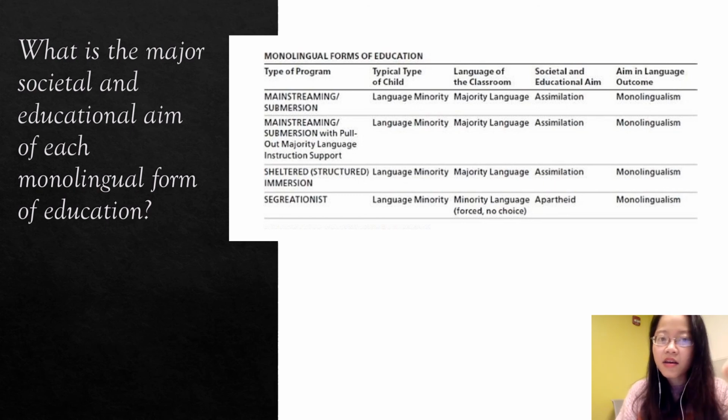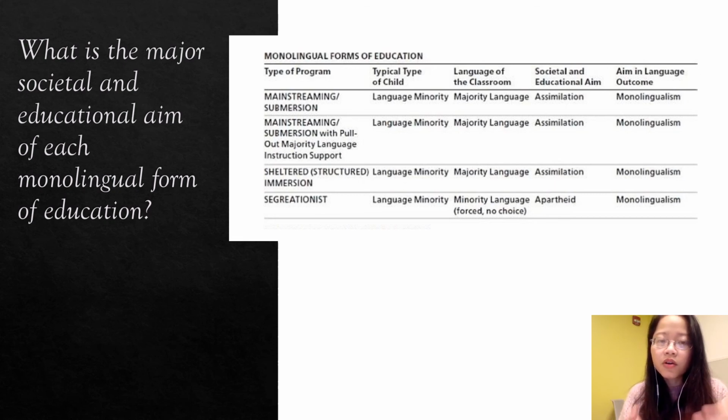On the other hand, if classes are taught mainly in one language, it does not credit the student's native language. So, children of immigrants or minorities may simply be in transition from their native language or languages to monolingualism in the dominant language of the society.